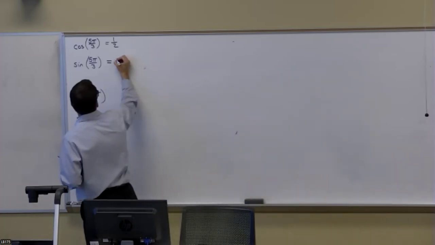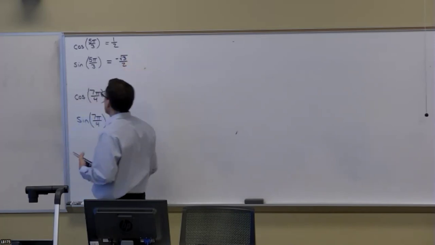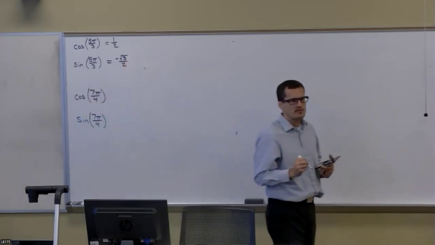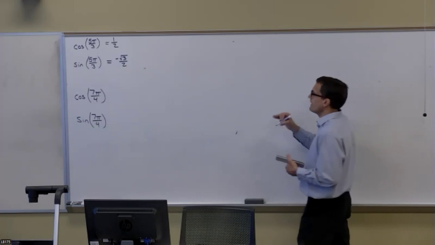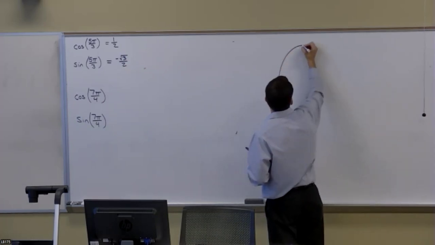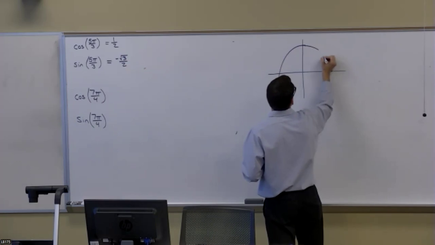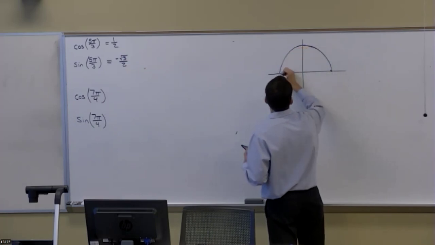So we see that that is negative root 3 over 2 if you've done that enough. And the reason I'm pointing this out is because that's a lot faster than what we were doing before.